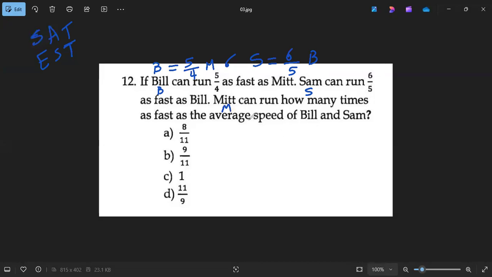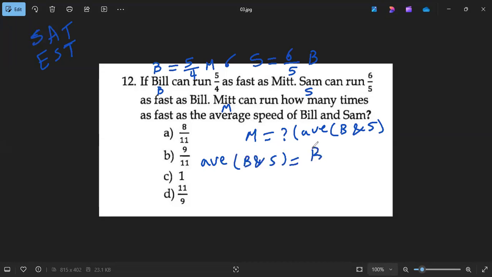What is the question exactly? Here is our question: Mitt can run how many times? So he asked M equals how many times the average of both Bell and Sam. So we are now after the average of Bell and Sam. What is the average of Bell and Sam?